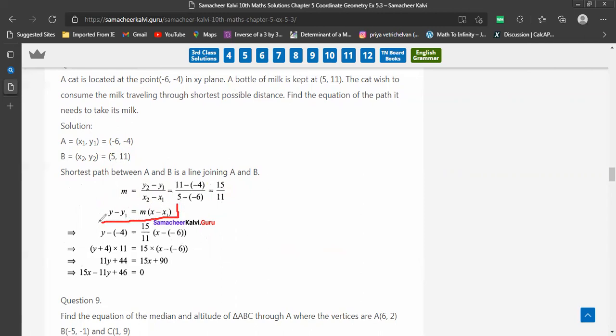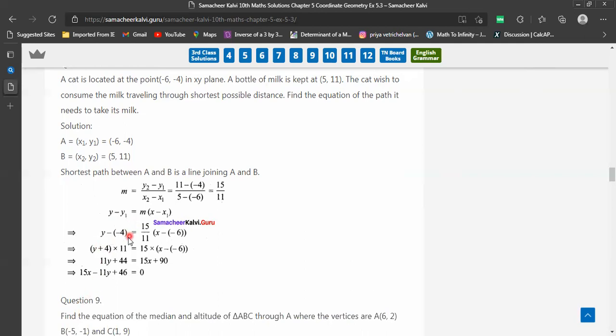So m is going to be 15 upon 11. And this is the general form of the equation of a straight line when they give you one coordinate point and one slope. So slope m is given, 15 upon 11 can be substituted here, and x1, y1. What is x1 and y1? This point, isn't it? -6 and -4. So that you can substitute here.